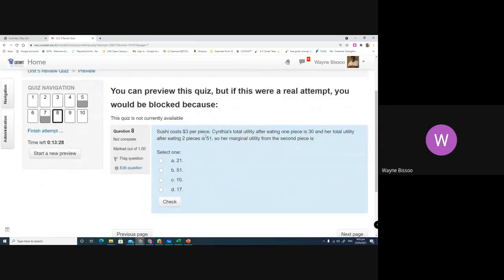Sushi costs $3 per piece, and Cynthia's total utility after eating one piece is 30. But total utility after eating two pieces is 51. So what is her marginal utility from the second piece?